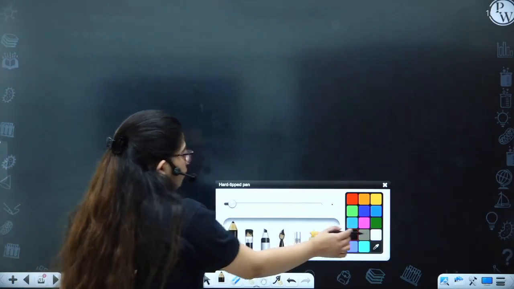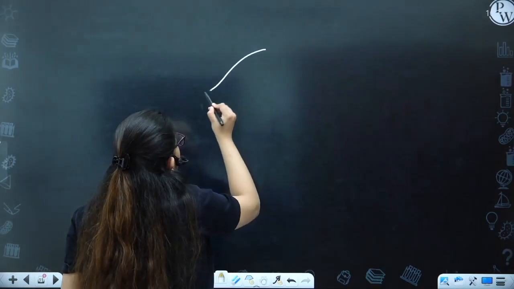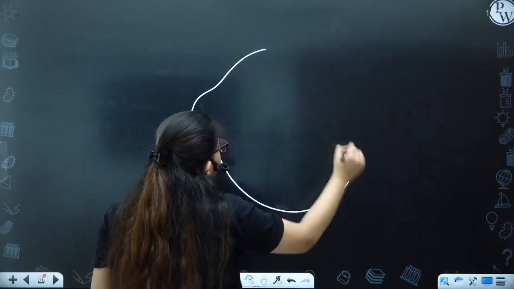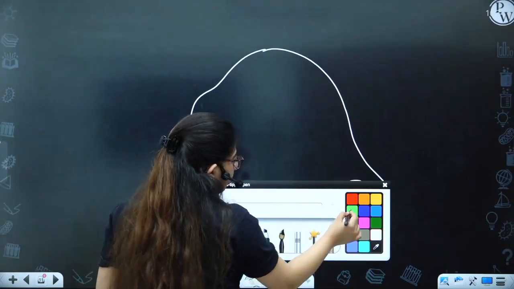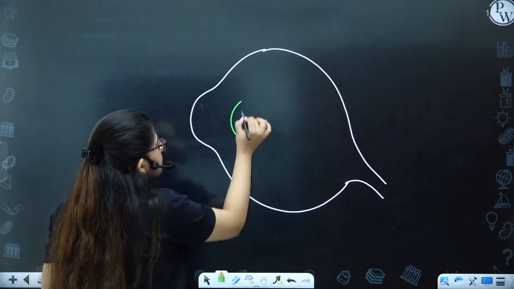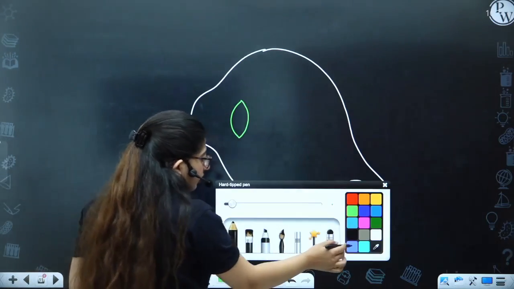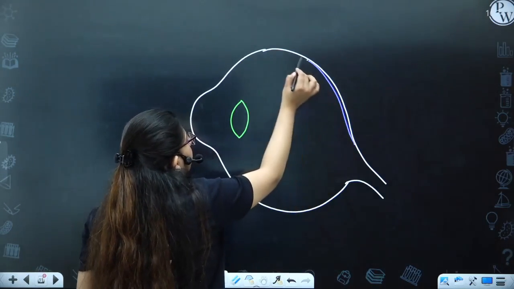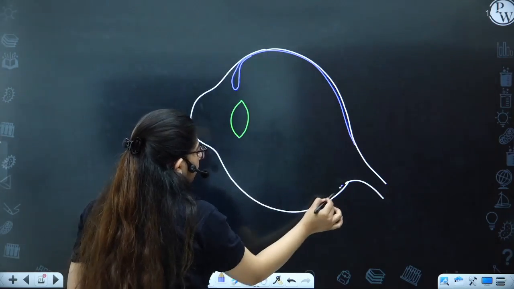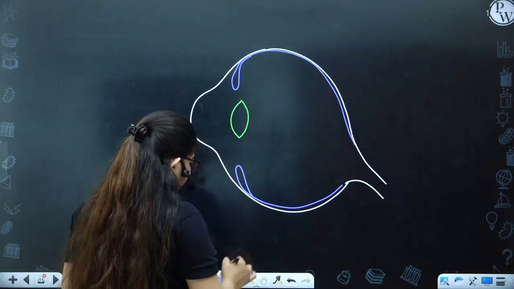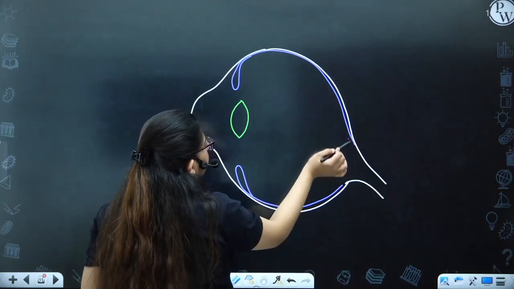If this is your eye, boys and girls, this is the white portion. This is the cornea. Okay, follow me. This is the lens. This is your choroid. And this portion is your retina.